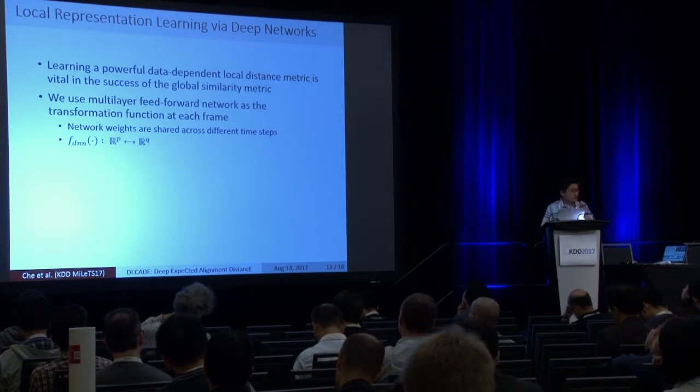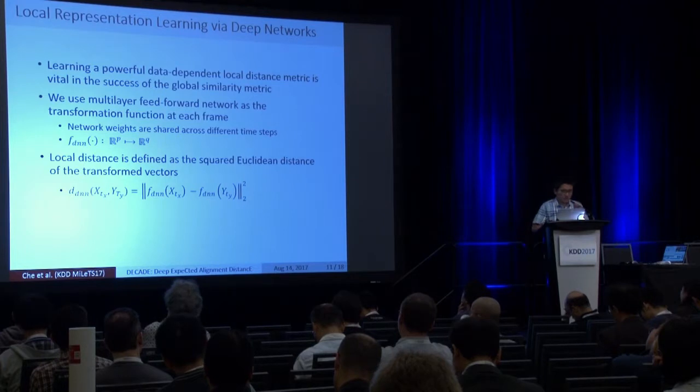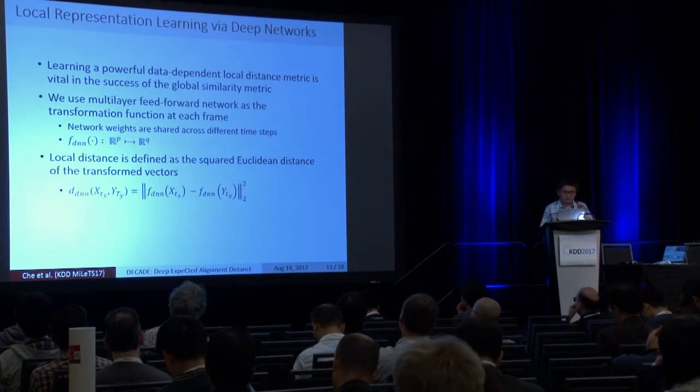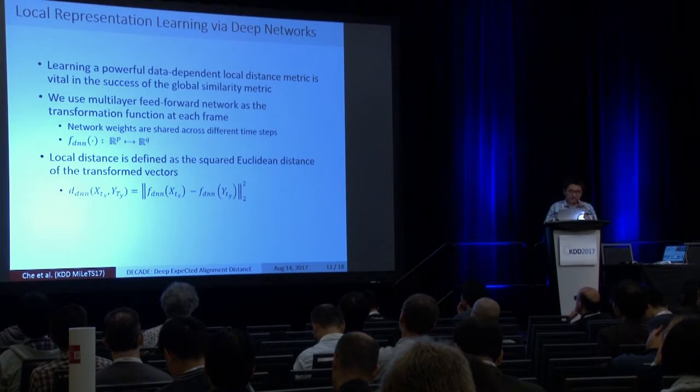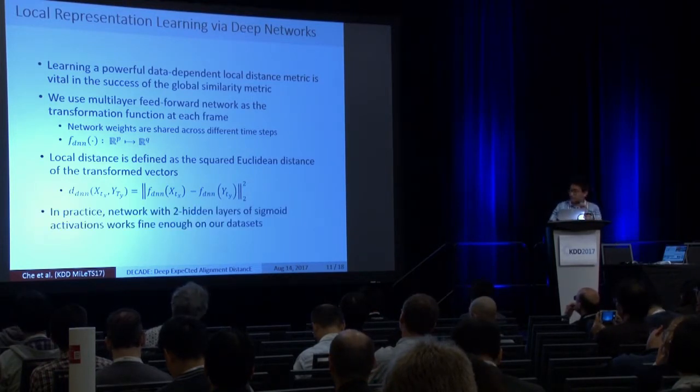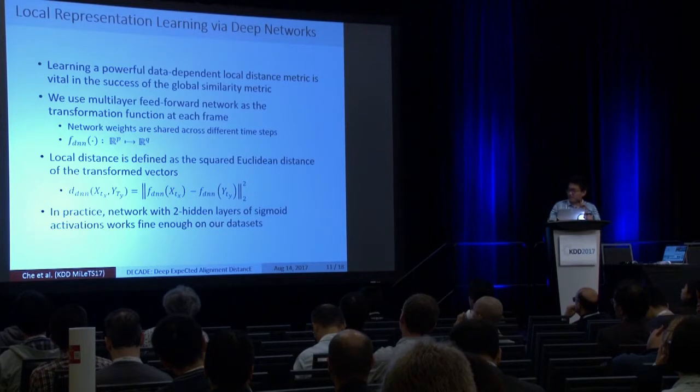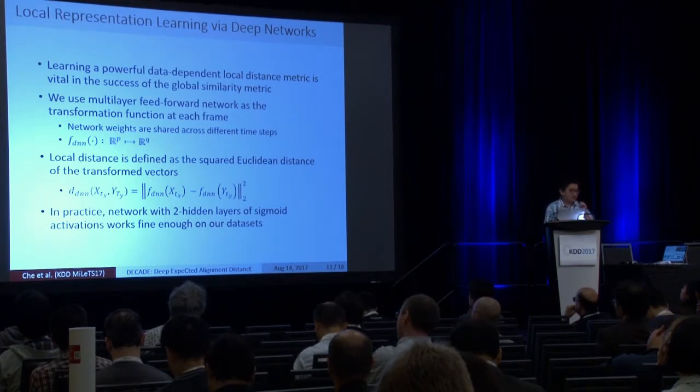After we get the transformation, we take the squared Euclidean distance of the transformed vectors as the local distance. Finally, this can be incorporated in the expected alignment. And in practice, we noticed that given our powerful framework, only a relatively small neural network with only 2 hidden layers can be effective enough on our datasets.